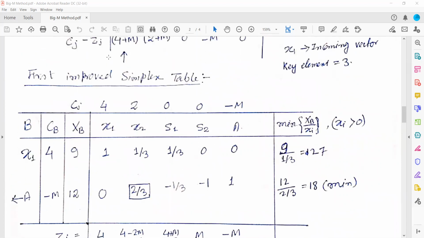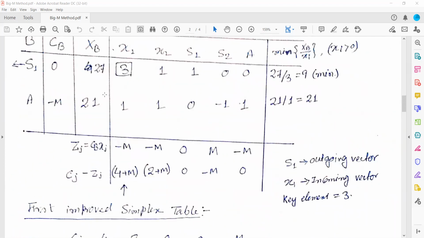Now in the next step, what you need to do? As I already told you, in the simplex table, after making the key element 1, if there are any elements below or above it, then you need to make them 0 using this row.